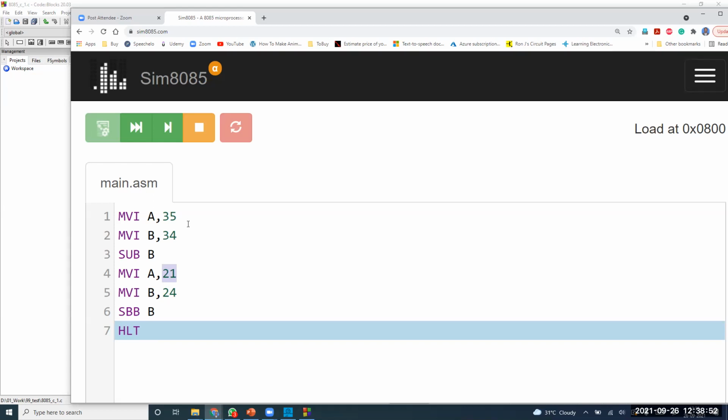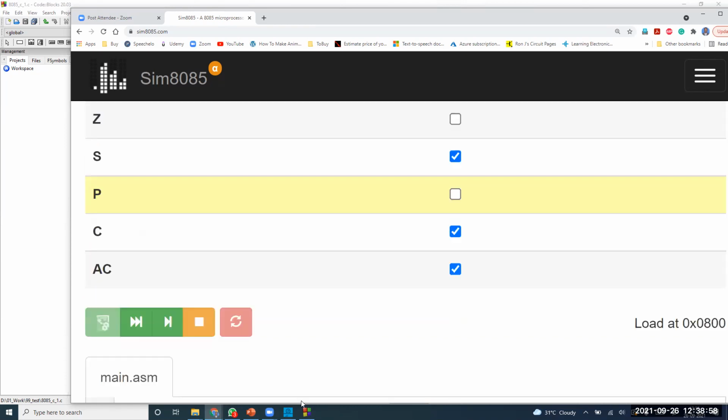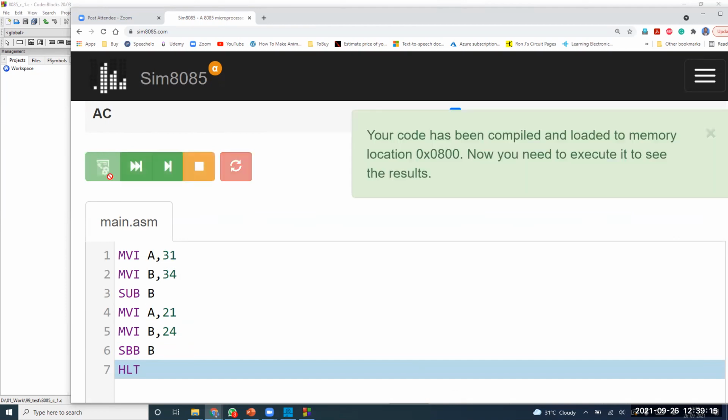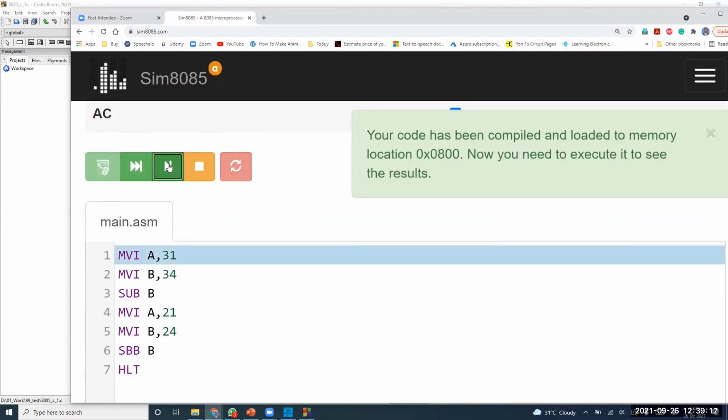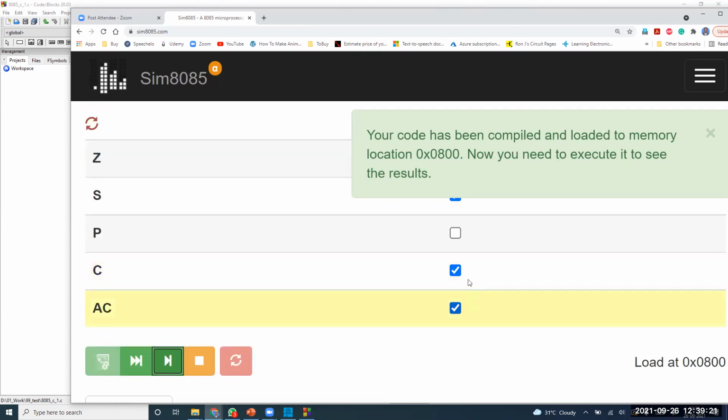Now the same thing, here you got FD, am I right? The same code, I do only one small change here. A is 31. When I execute this, borrow is set.